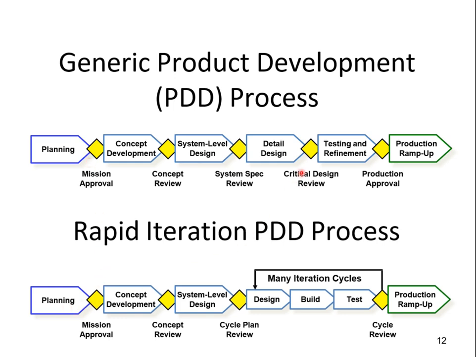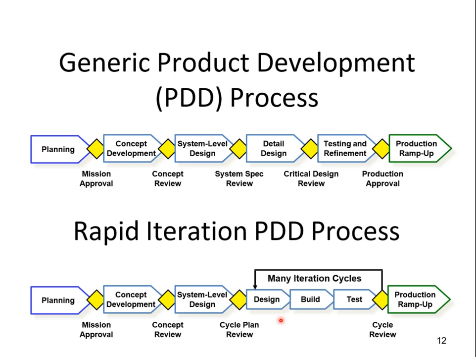Now, what happens in the rapid iteration PDD process? The two steps of detailed design and testing and refinement are cut into another three steps: design, build, and test. We get many iteration cycles, so the design is upgraded, or simply refined, and then we build and test.